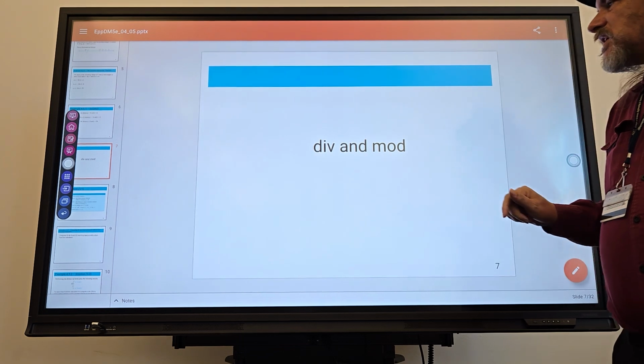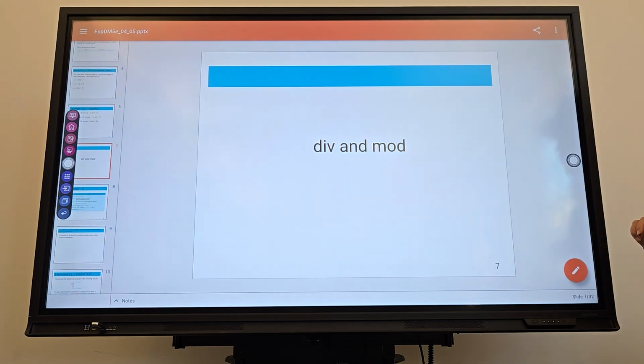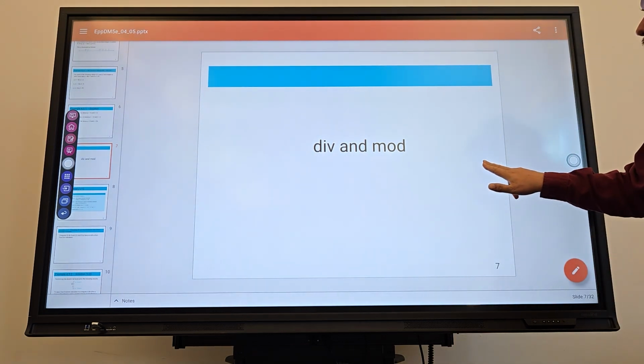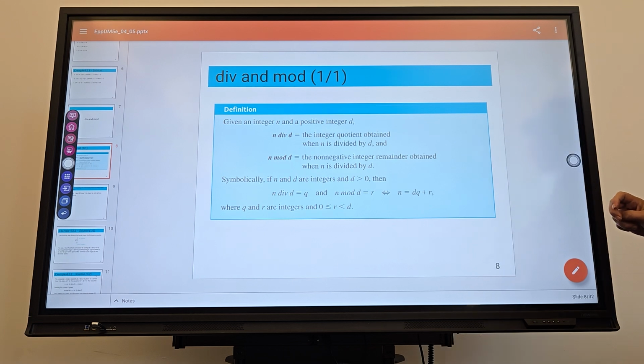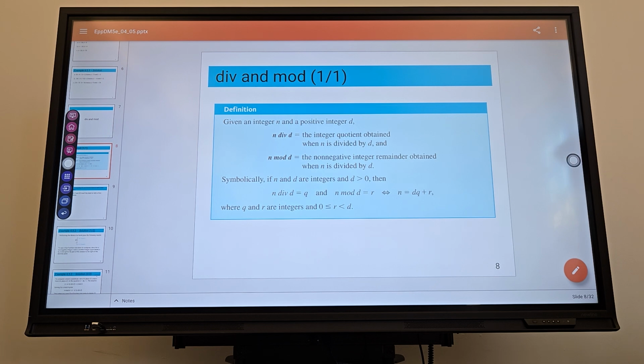So div and mod. Given an integer n and a positive integer d, n div d means the integer quotient obtained when n is divided by d. And n mod d equals the non-negative integer remainder obtained when n is divided by d.